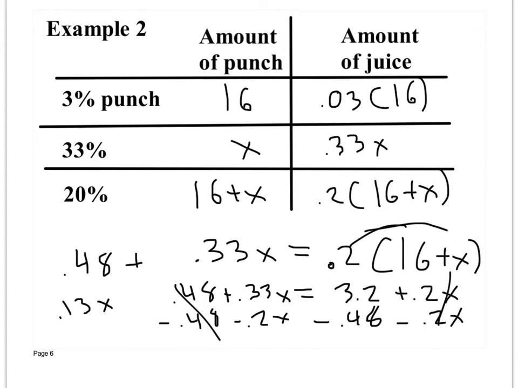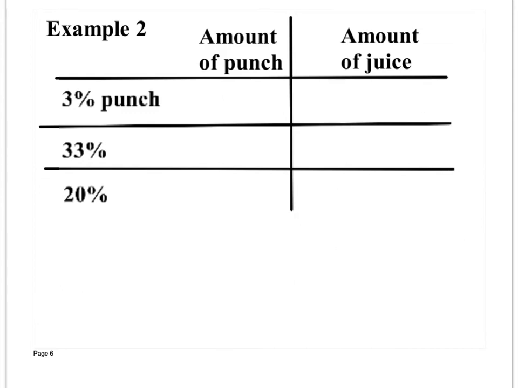Okay. All right, so I'm going to erase what we got right here. So we have 0.13x is equal to 3.2 minus 0.48. So we have 2.72.